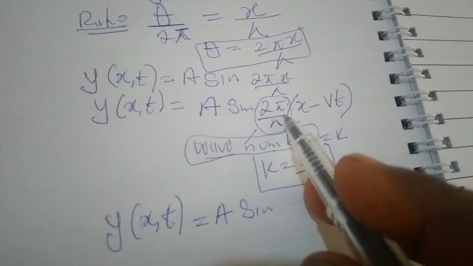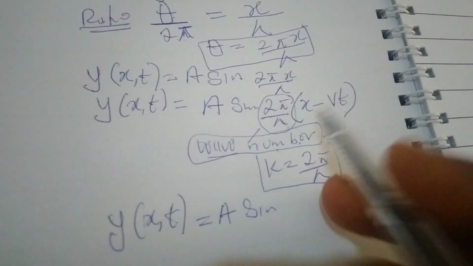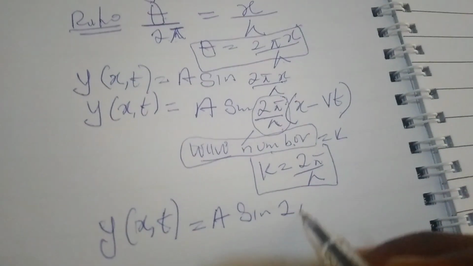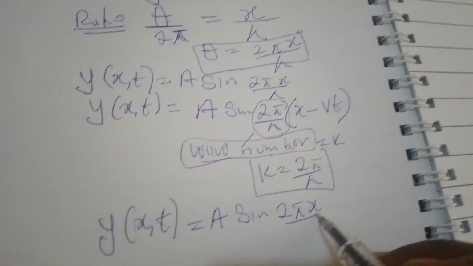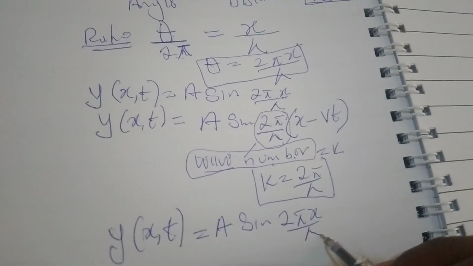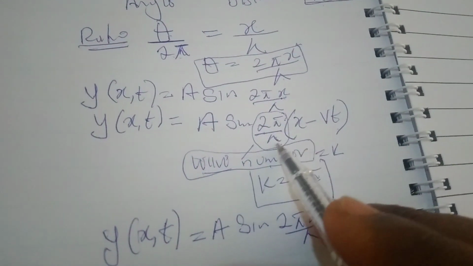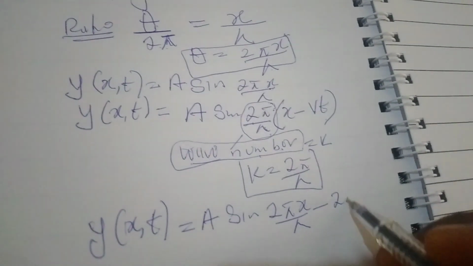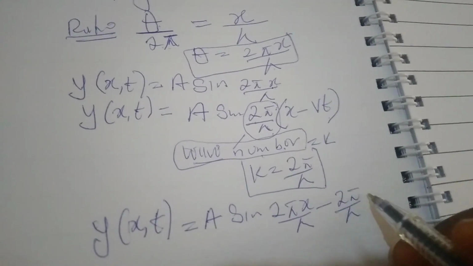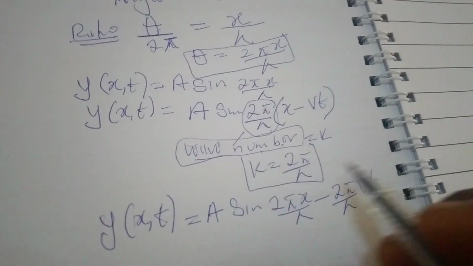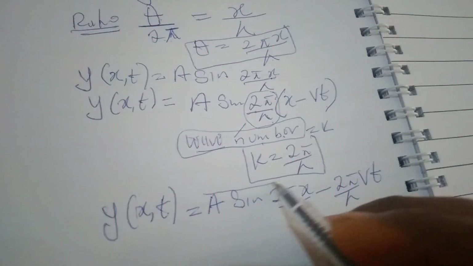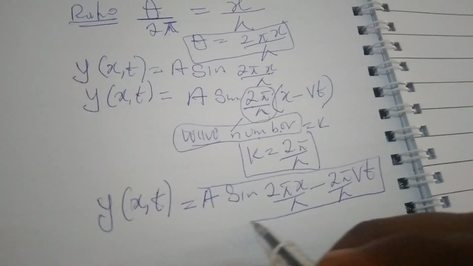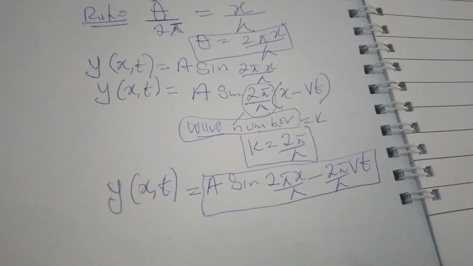So 2 pi over lambda times x will give us 2 pi x divided by lambda. Then 2 pi over lambda times vt will give us minus 2 pi over lambda vt. This expression that we have here is called the wave equation.